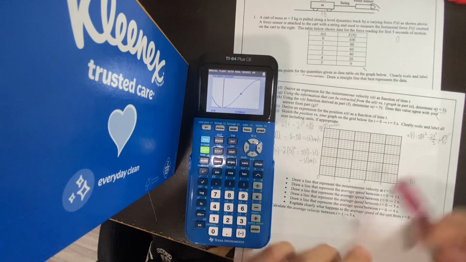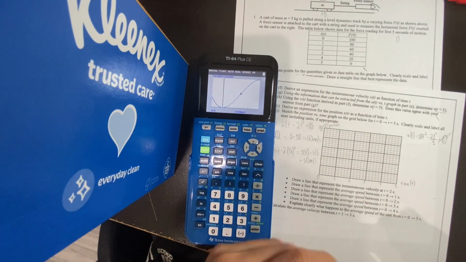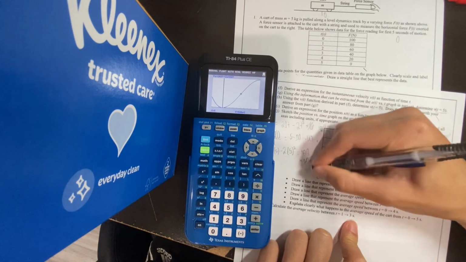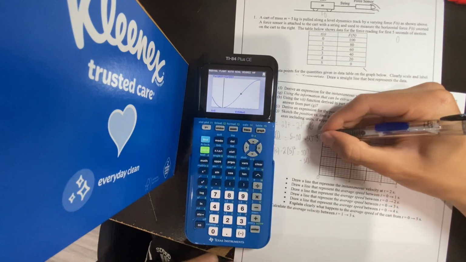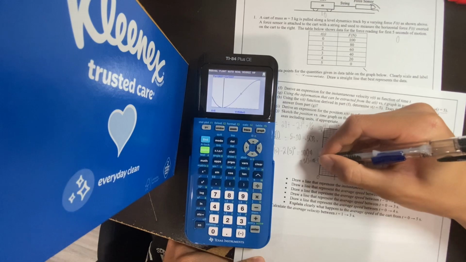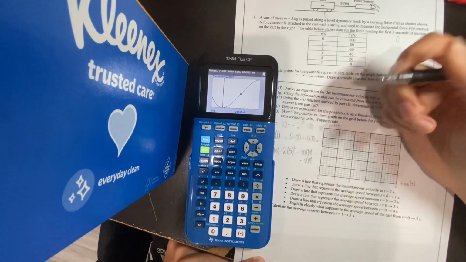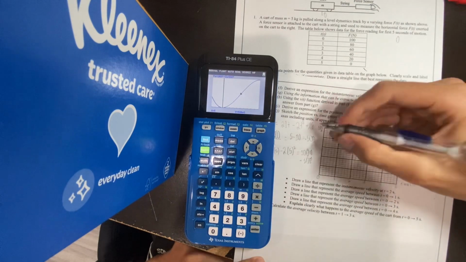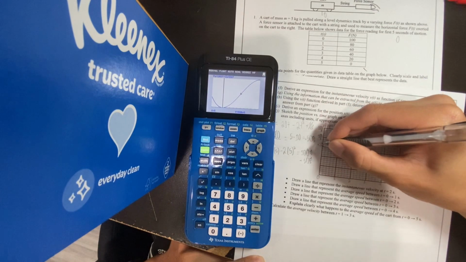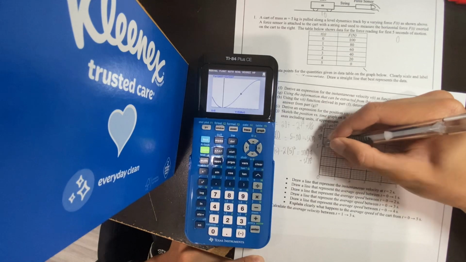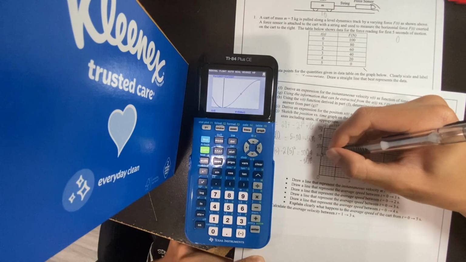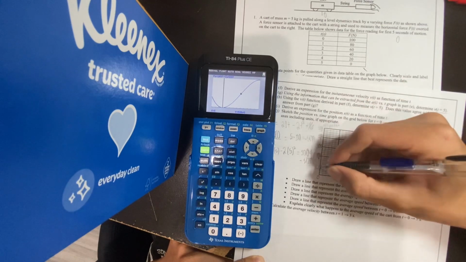We erase this part right here to get a little more room. It's 400 over 3. 300 over 3 is going to just be 100. 200 over 3.